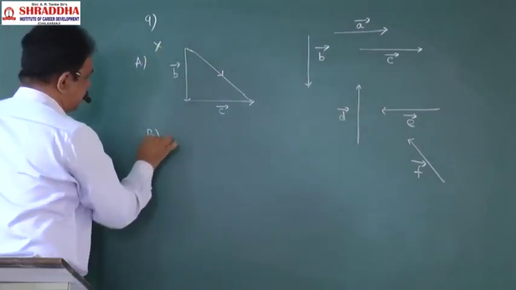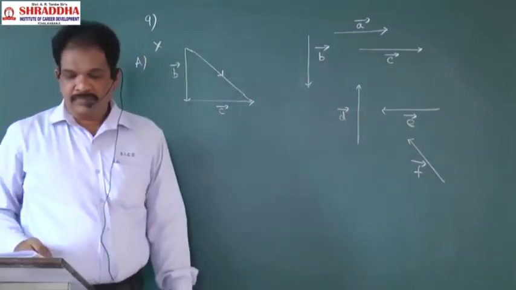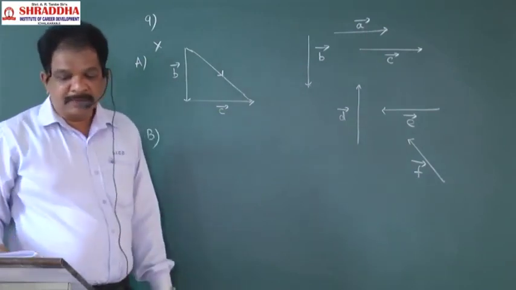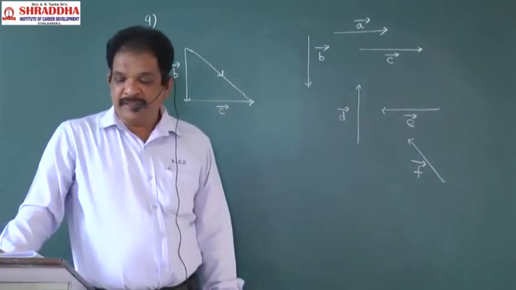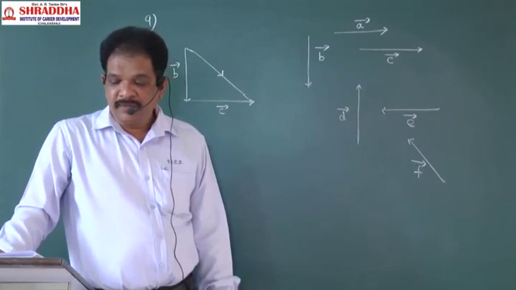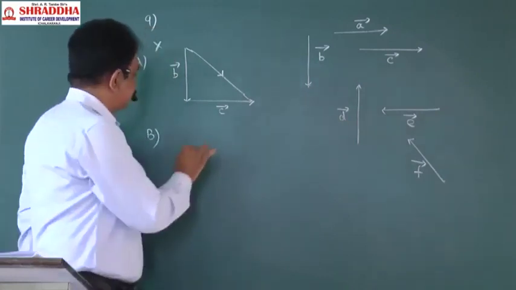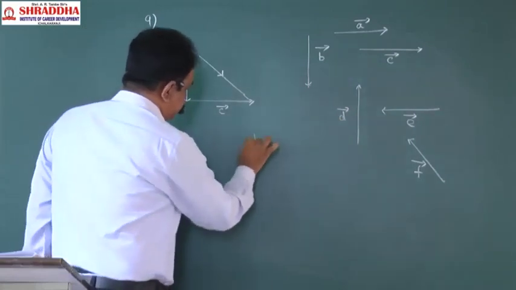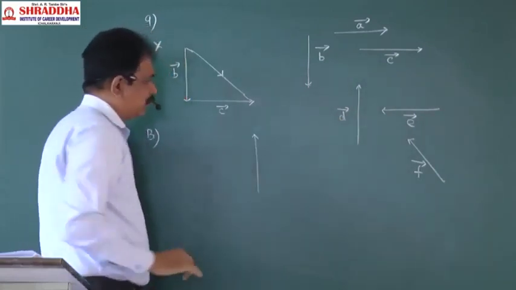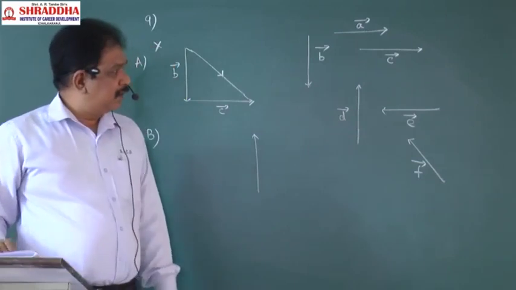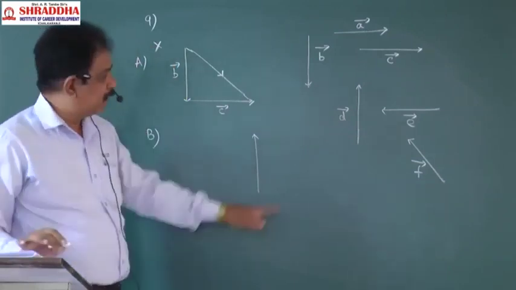Next, second option you see. D bar plus C bar is equal to F bar. D bar is this one. D bar plus C bar.